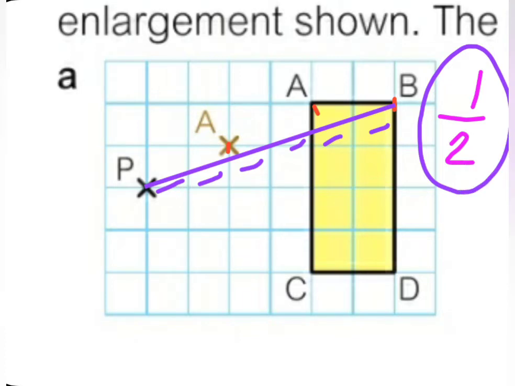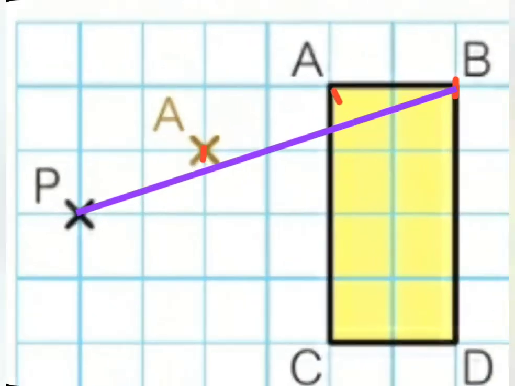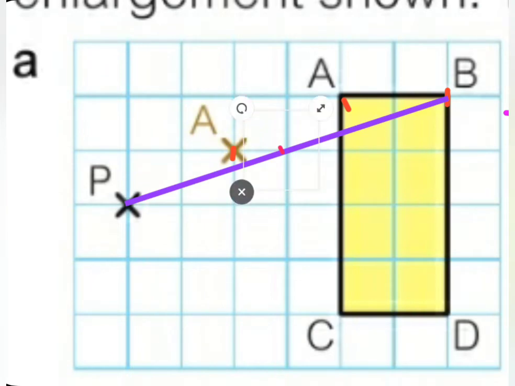So we're going to go 3 and then put point B. So we will remove this. So these are the 3. So the new point will be here, because these are 3 centimeters. 1, 2, 3. Very good.